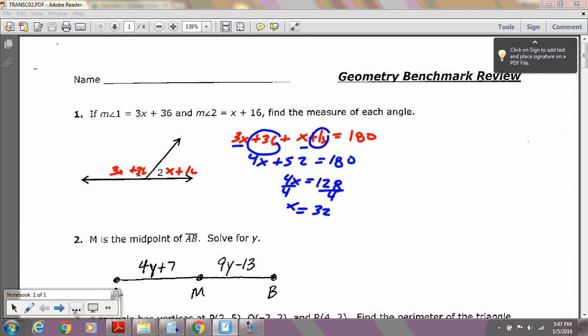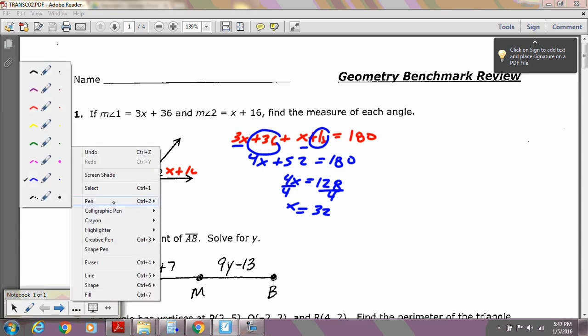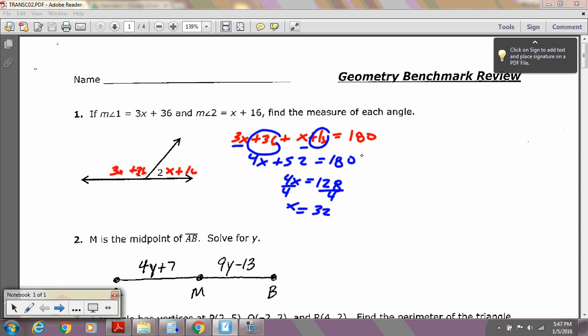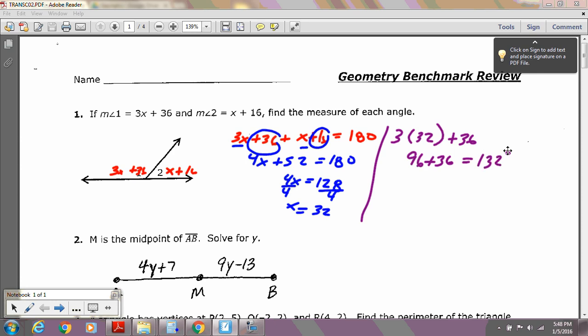And now it wants us to go back and find the measure of each angle. So that means we need to substitute x back in to each one. So the first one would be 3 times 32 plus 36. 3 times 32 is 96, plus 36 is going to be 132 degrees.